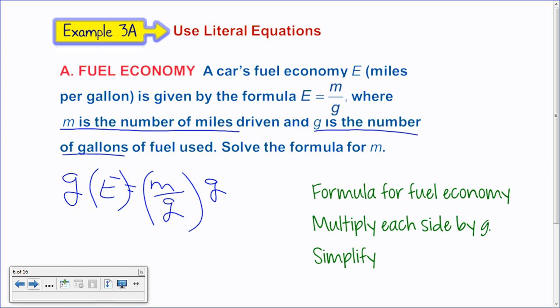Again, notice what happens. Cross simplify. G will go into itself how many times? It just basically cancels itself out. So what am I left with? M equals what? G times E. And I would just leave it in parentheses.